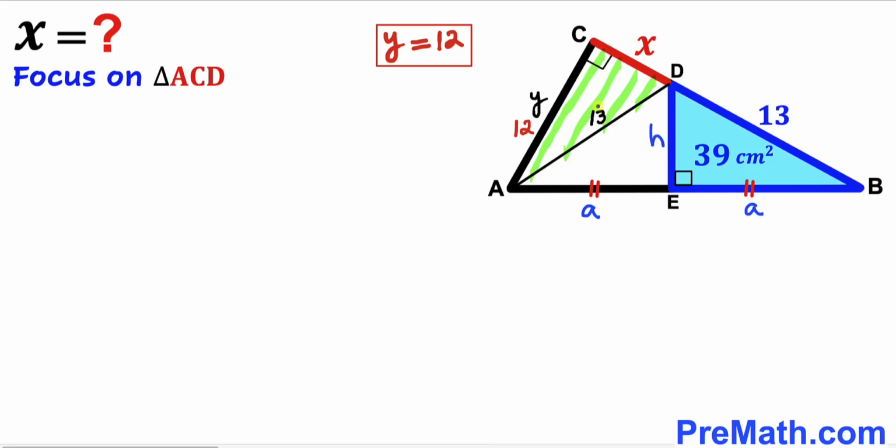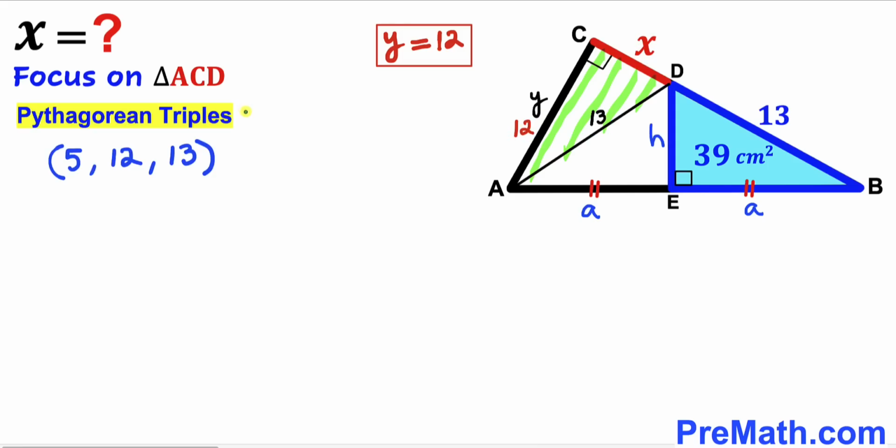We can see its hypotenuse is 13, whereas its two other legs are lowercase x and 12. So let's recall the Pythagorean triplets 5, 12 and 13. And here we can see we got 13 and 12. So we conclude that this tiny segment CD is going to be 5 centimeter. So our x value turns out to be 5 centimeter.